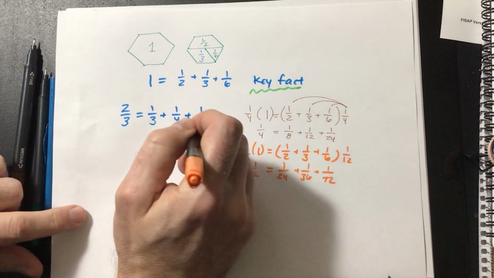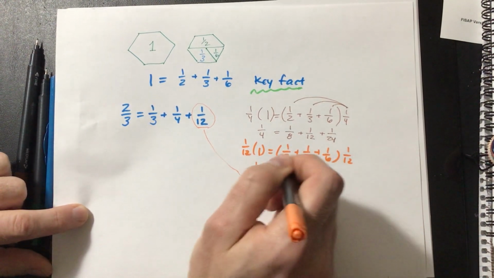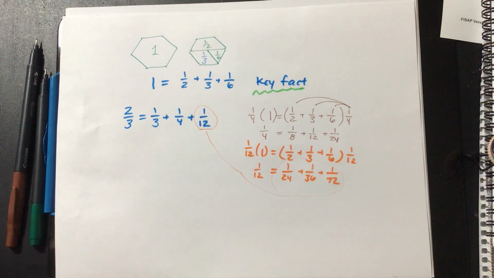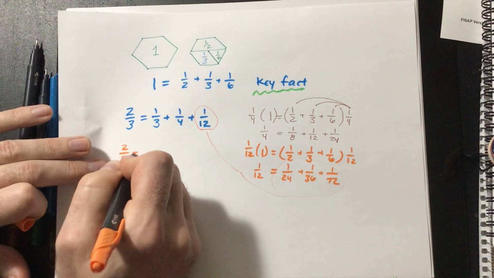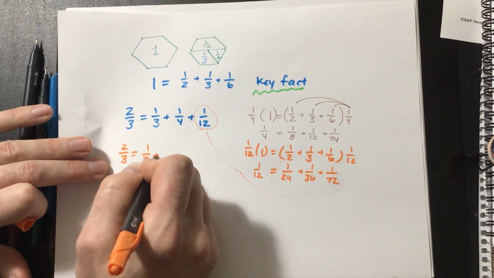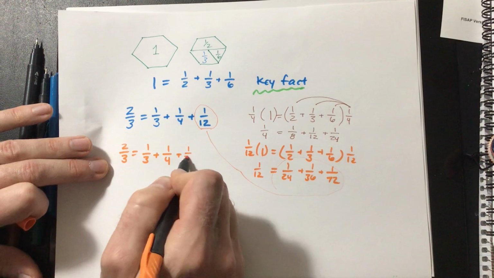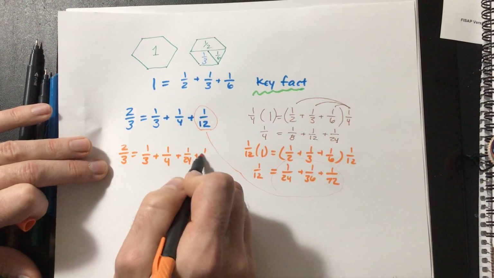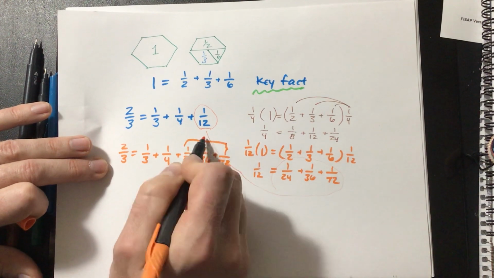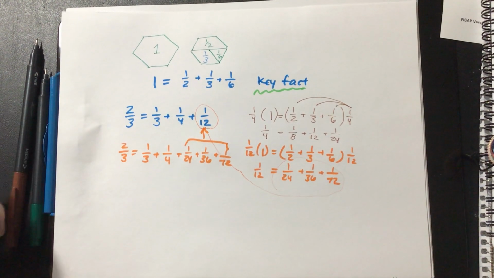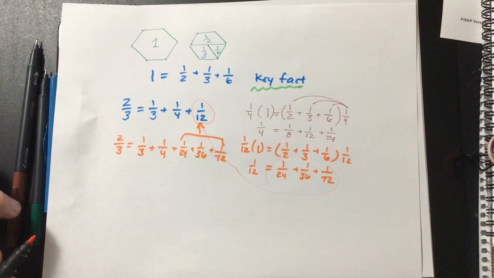Yes. So I can swap this 1/12 out for the stuff that is equal to 1/12. So actually, I could get a different way for writing 2/3: 1/3 plus 1/4 plus 1/24 plus 1/36 plus 1/72, where these 3 all substitute for 1/12. And then you could put that in to substitute for the 1/4.